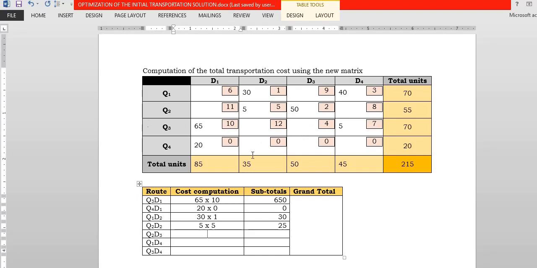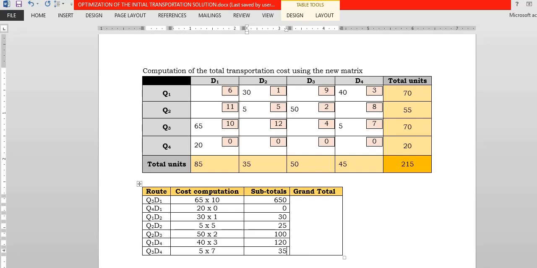Q2D3 is 50 times 2, which gives you 100. Q1D4 is 40 times 3, which gives you 120. And lastly, we have Q3D4, and that is 5 times 7, which gives you 35.